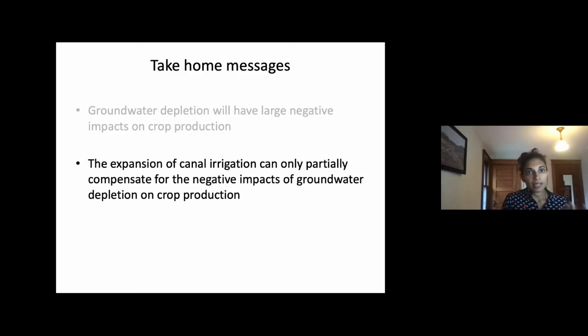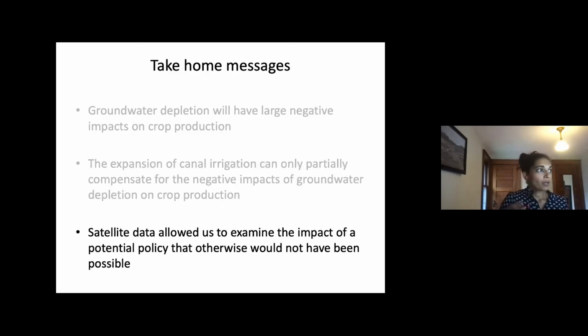We estimate that canals can help by about 50%, but more interventions or policies are likely needed to maintain production in the face of groundwater depletion. And once again, satellite data really allowed us to do this impact evaluation of this potential policy that otherwise would not have been possible if we didn't have access to these data.